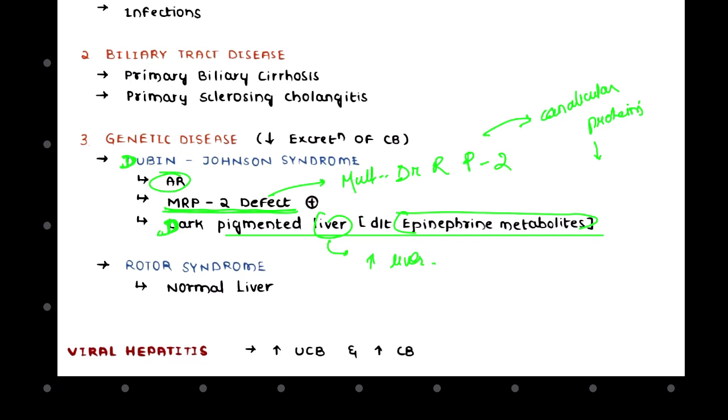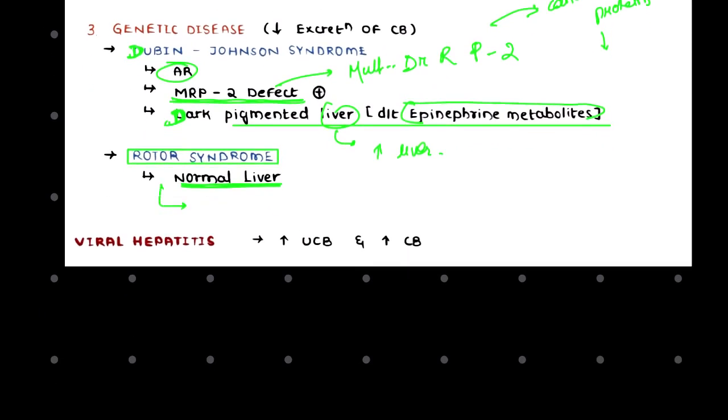Now talking about Rotor syndrome. The distinguishing feature of Rotor syndrome is that here the liver is normal, whereas in Dubin-Johnson syndrome we had a dark pigmented liver.